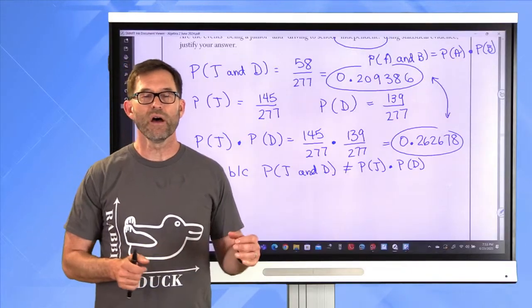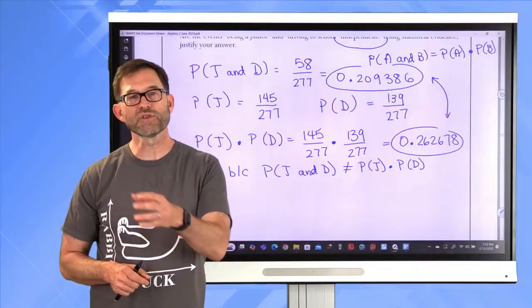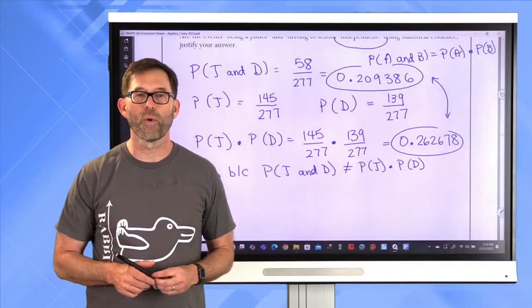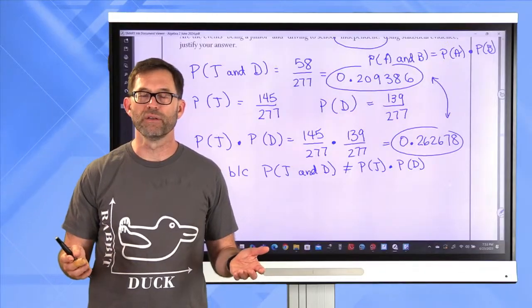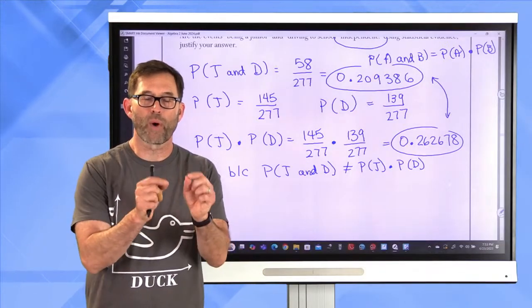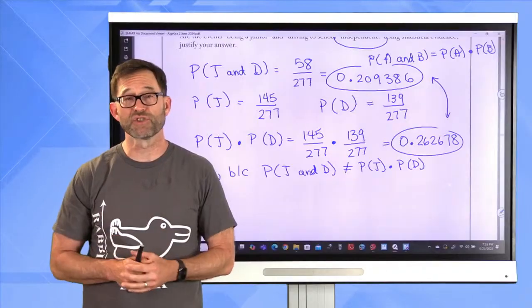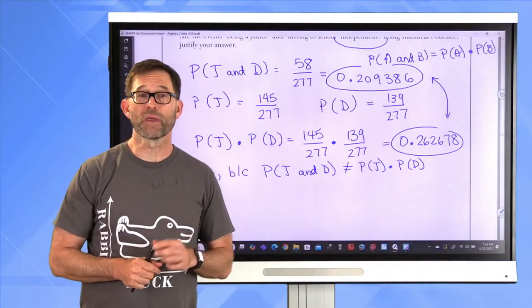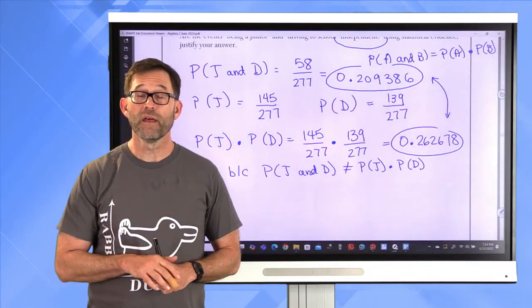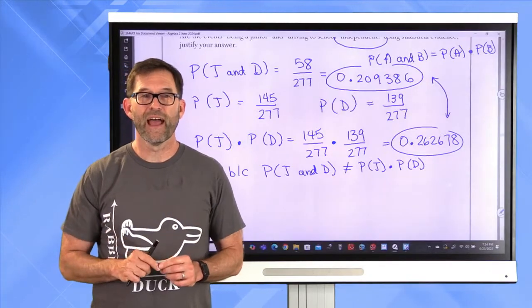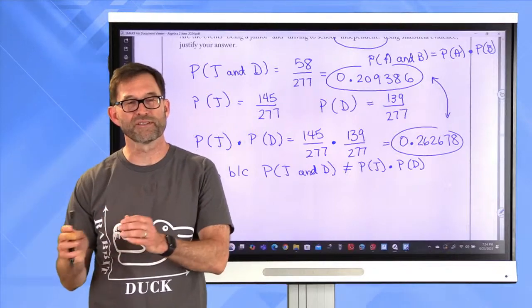which is, does one event change the probability that another one happens, right? And so to do that, what I would actually do is calculate the probability that one drives to school, and then calculate the probability that one drives to school given that they are a junior, and see if those two probabilities are the same, right?